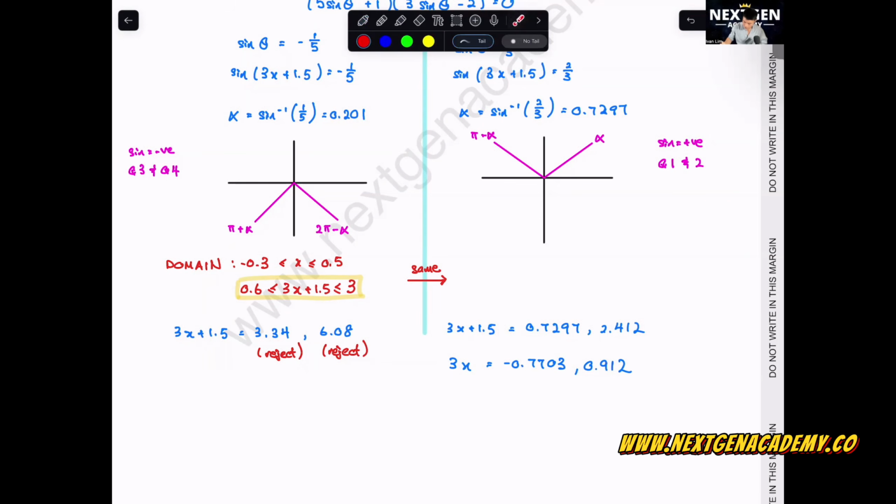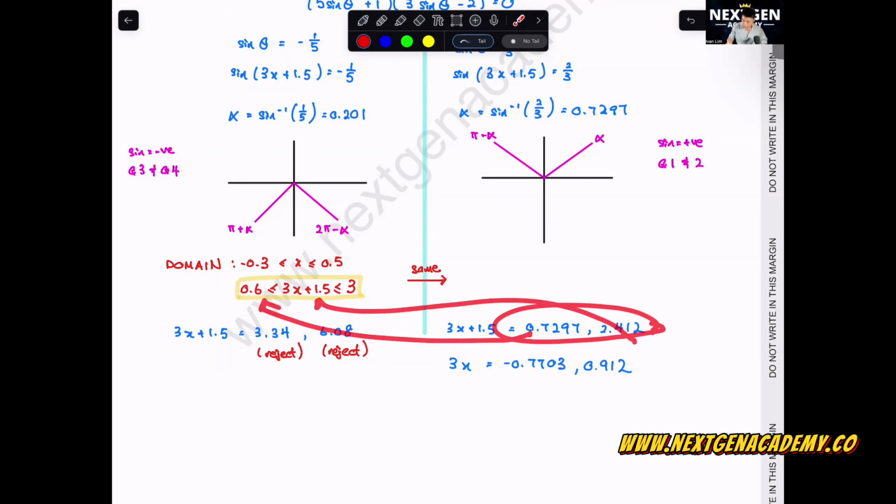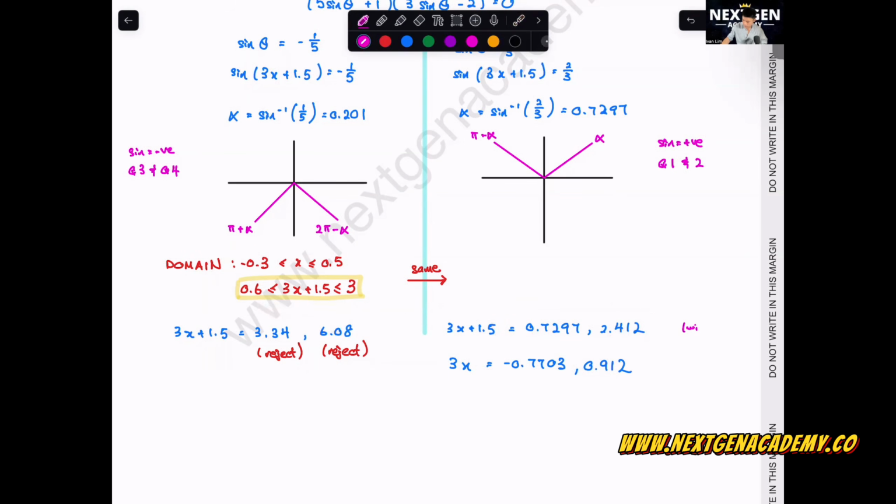Oh yeah, sorry, I didn't check this one. Is it within the domain? 0.7297 and 2.412 are within, right? So both of these are within domain. You can write here, within domain. Last step, divide the whole thing by 3.